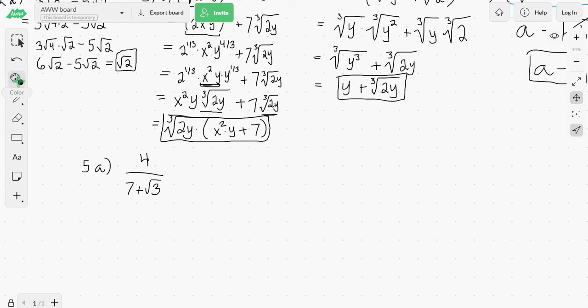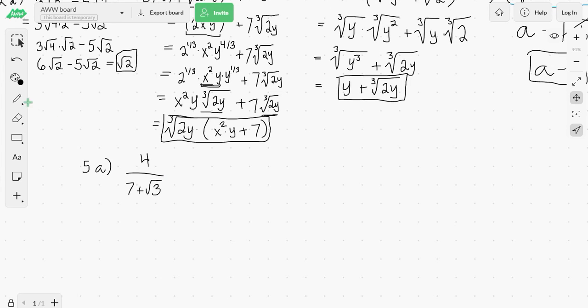So you get rid of radicals in the denominator in this case. Let's be a little bit more specific with what I mean. Let's think about what's the conjugate of 7 plus root 3. Well, you keep the numbers the same, but you just change the sign in the middle. So it's 7 minus root 3.